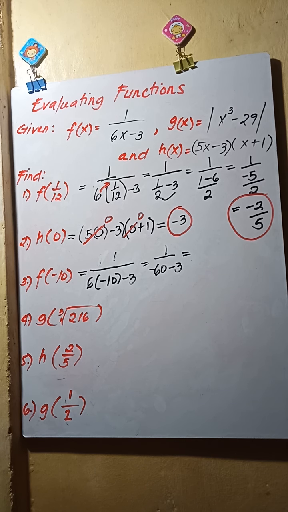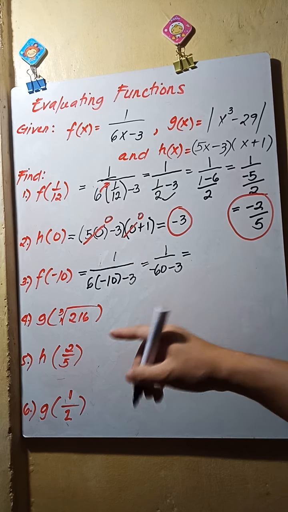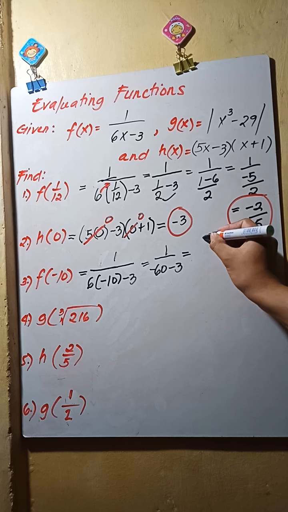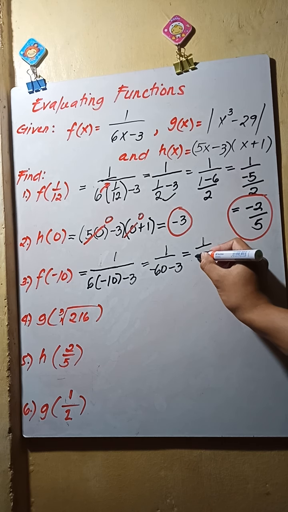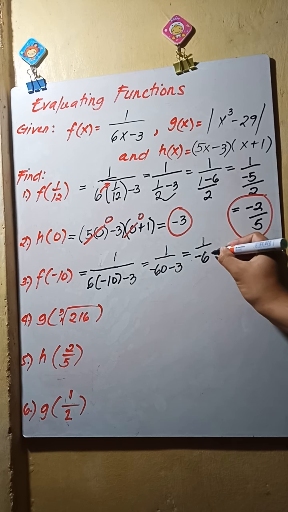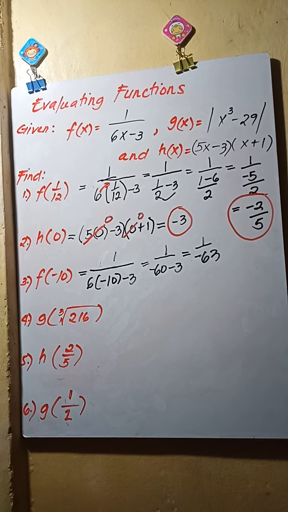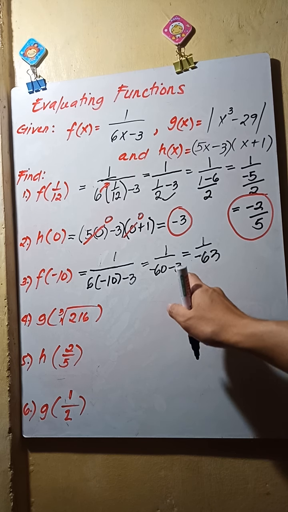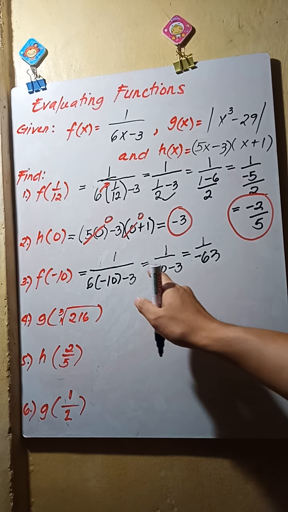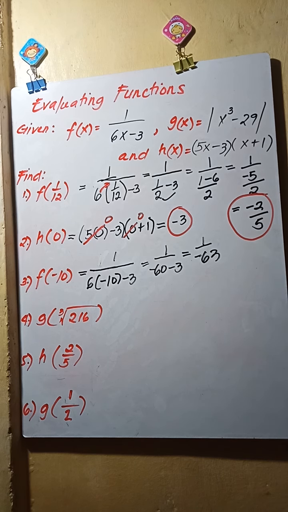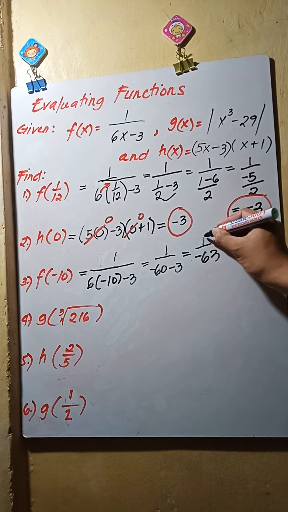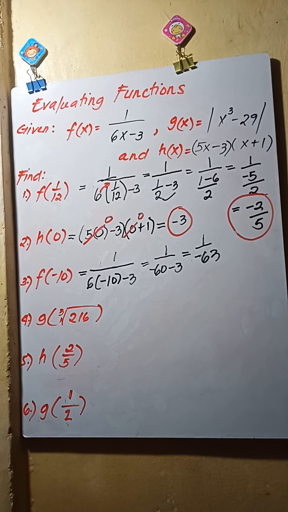Therefore, you just simply write the sign, which is negative, and then add. So that is 1 over negative 63. Kasi nga, you just simply add the 60 and 3 tapos copy the sign. So that is our final answer, 1 over negative 63. Ayan naman yung pinakasagot natin sa number 3.